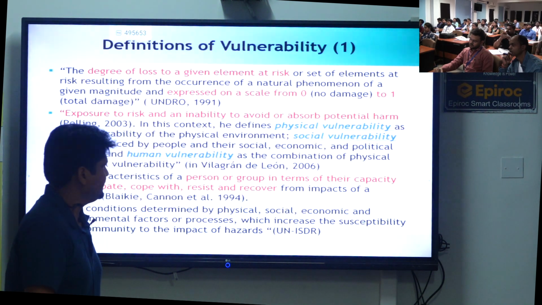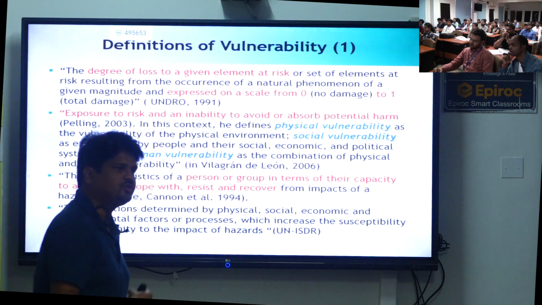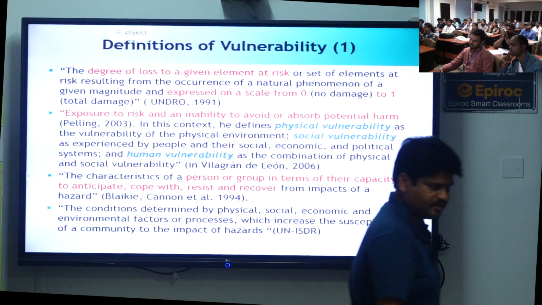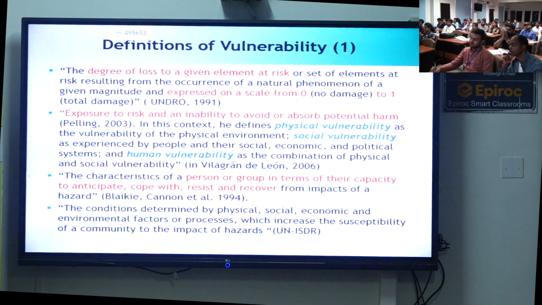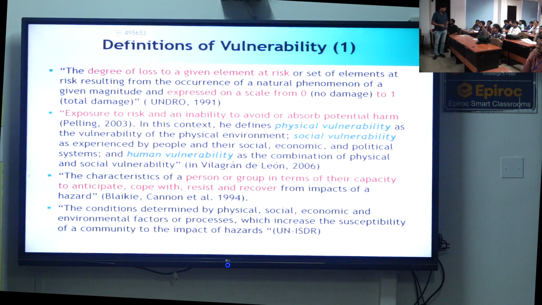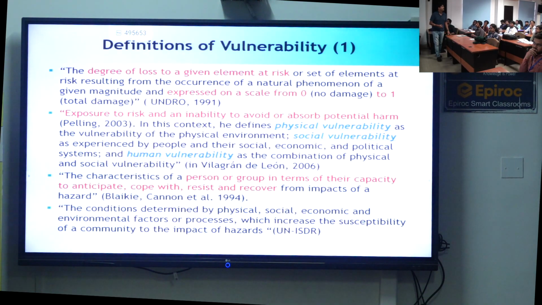Now, when you talk about a person, a group of people, or a community, and to define their capacity to anticipate an impending hazard that is coming, how to cope with it, that means how prepared you are. Knowledge also plays an important role. Let's say there is a cyclone coming. By and large, if the community is aware of the cyclone, that the wind speed goes up, and so on, obviously there is some kind of traditional knowledge that has been passed down over generations.